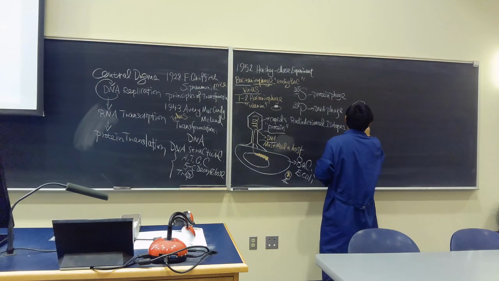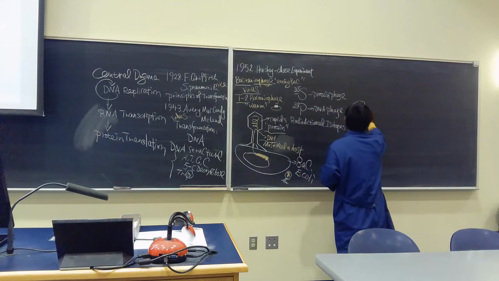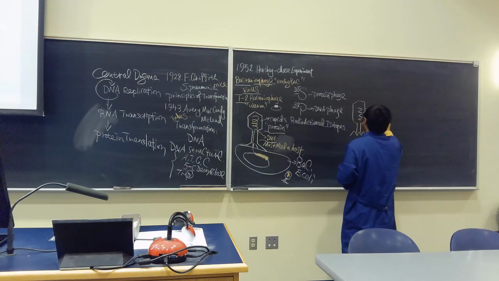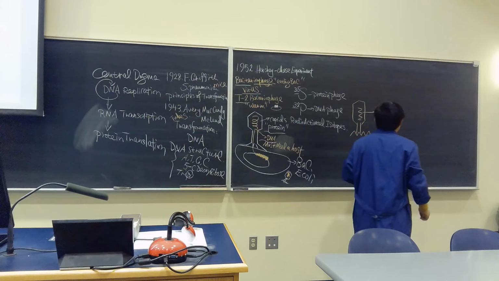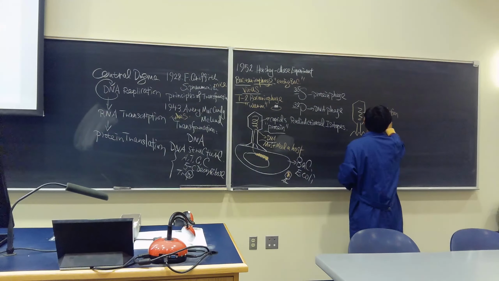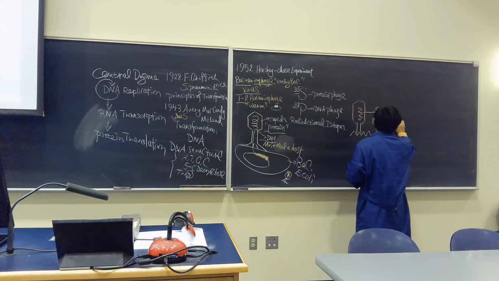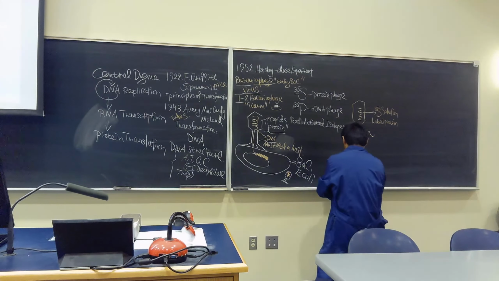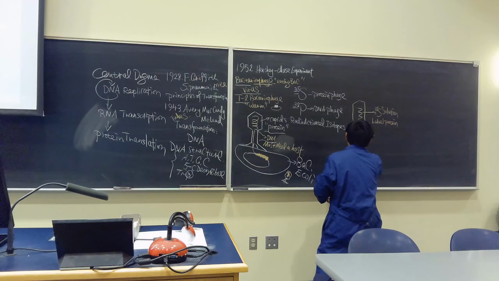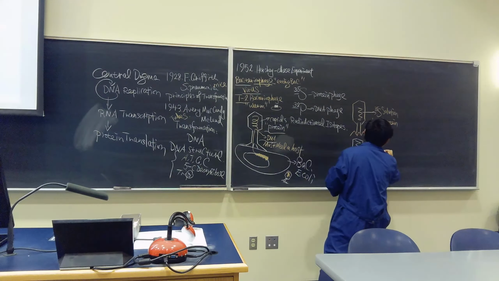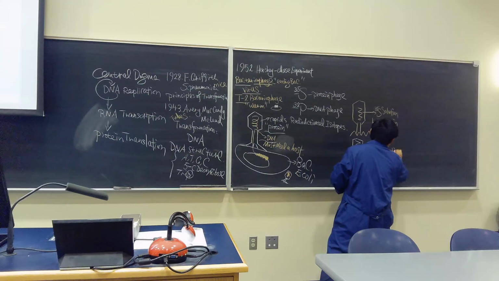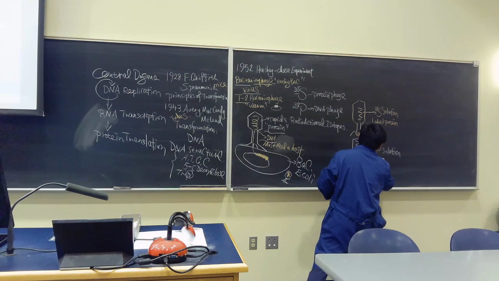This bacteriophage I'm going to grow in S35 solution, which means we'll label the protein. And I have another set of bacteriophage. What we're going to do is label the phosphate, P32. We call it the P32 solution, where we actually label the DNA.